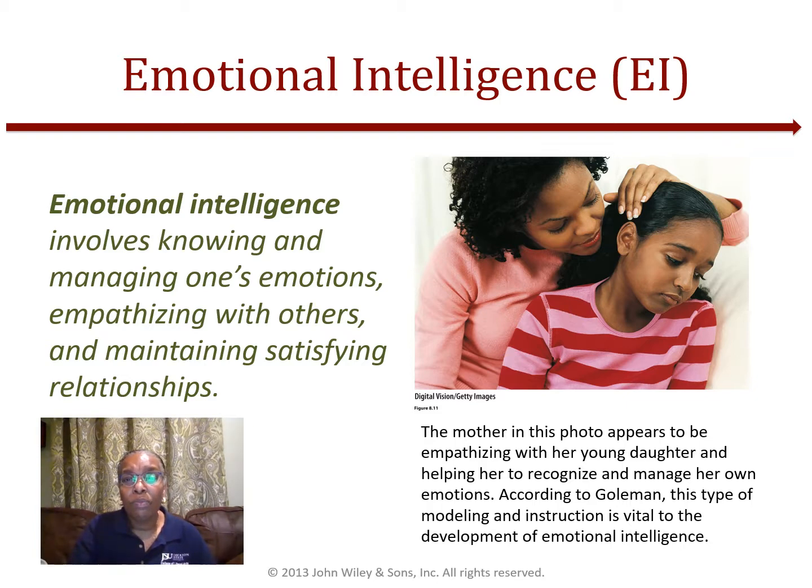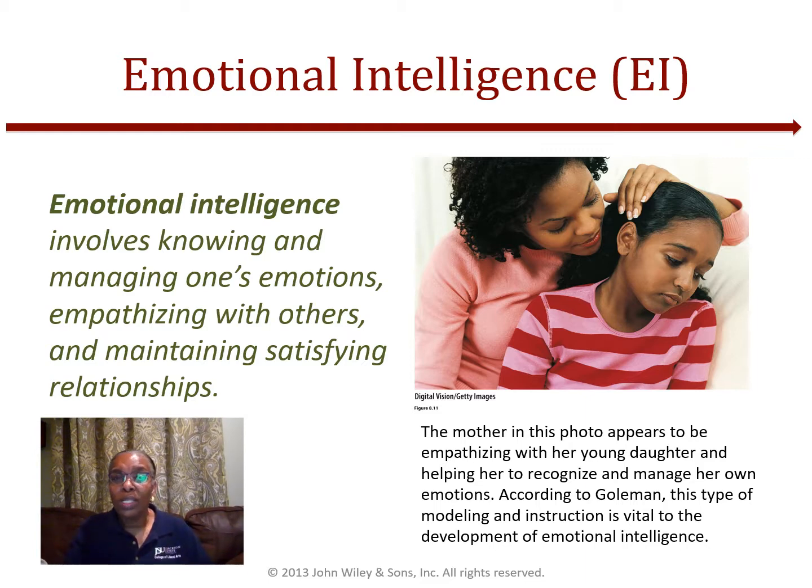Popular accounts such as Goleman's suggest that the traditional measures of human intelligence ignore a crucial range of abilities that characterize people who excel in real life: self-awareness, impulse control, persistence, zeal, being self-motivated, empathetic, and having social deftness.